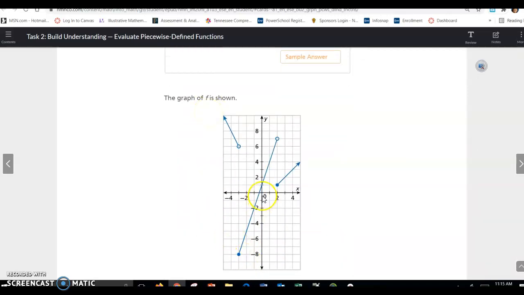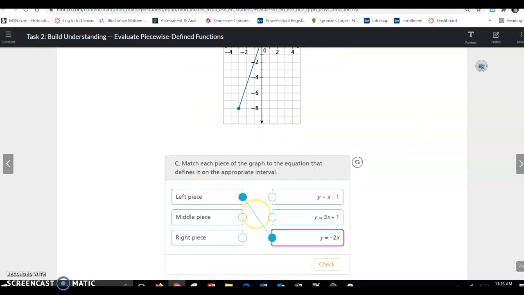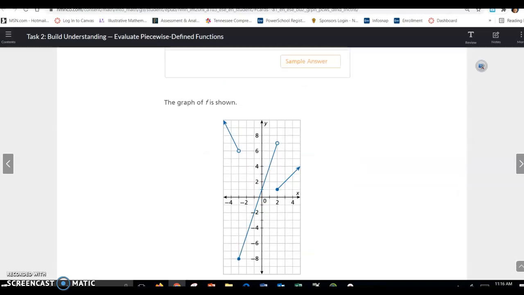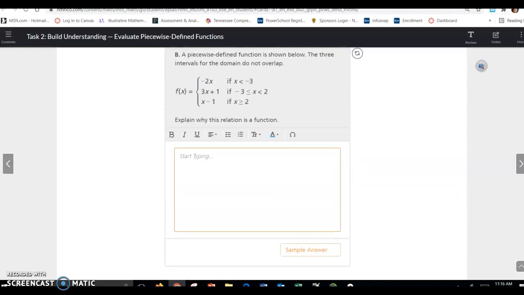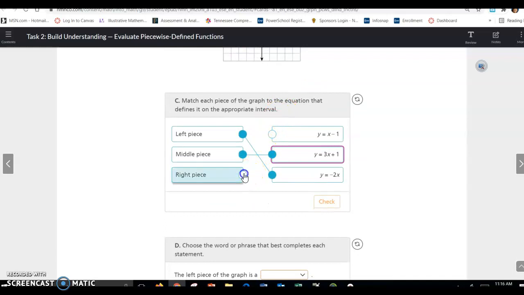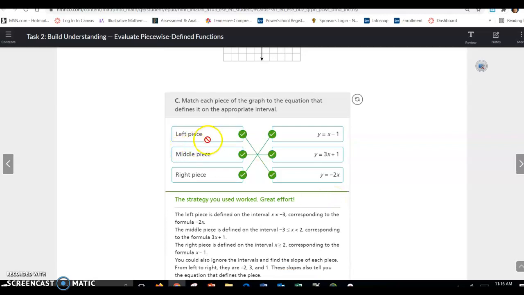That's this piece here. And the last piece is the last function here, x minus 1 for all x greater than or equal to 2. So that's this ray here. So all you're doing is defining each part of the graph with the function that it goes with.